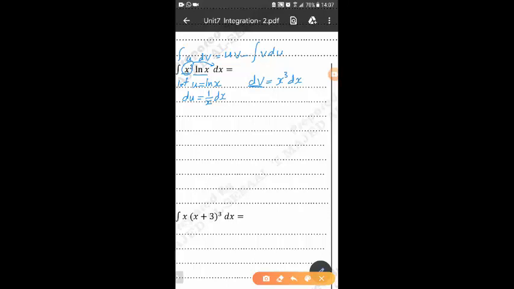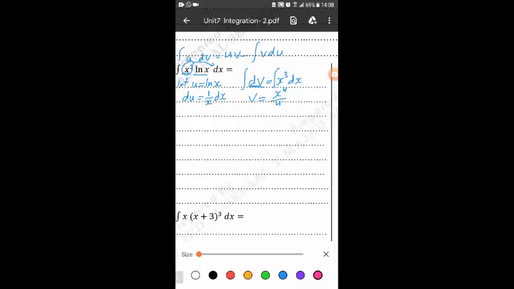Now, to find v, I need to integrate this side and this side. So it's going to be v equal x to the power of 4 over 4. Easy. Now, what will I do? I will apply the rule by multiplying this by this and this by this.